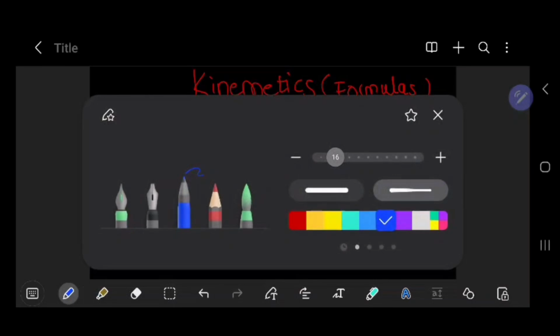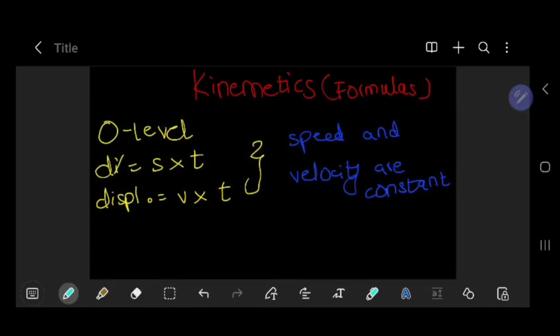Okay, so now I'll tell you the difference between distance and displacement, because when I was in my O levels, I really got stuck on this concept because I didn't know the difference between them. So distance is a scalar quantity and displacement is a vector quantity.